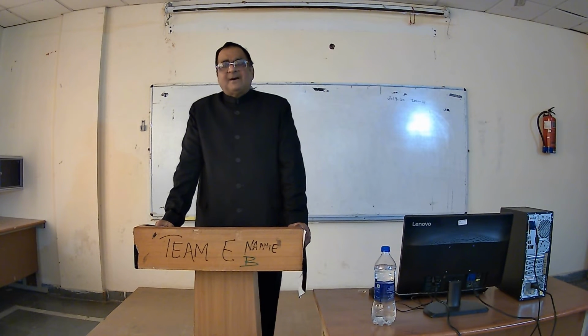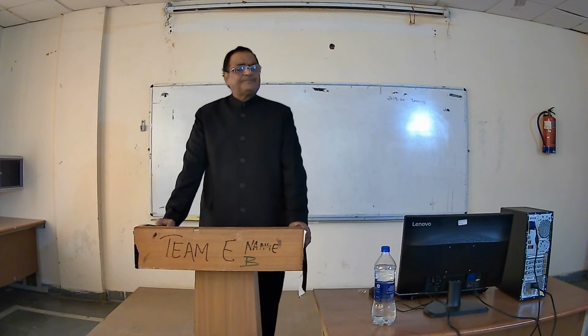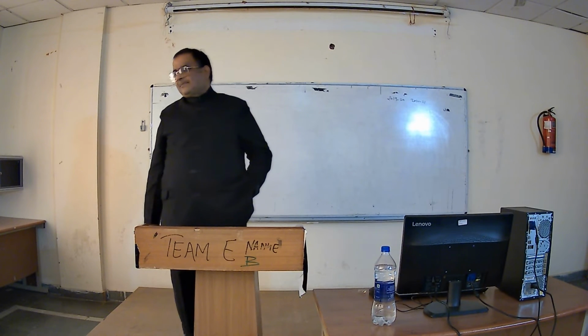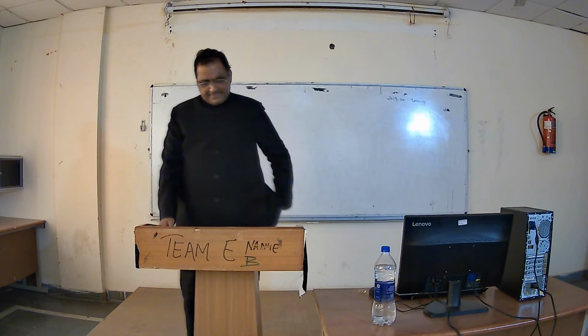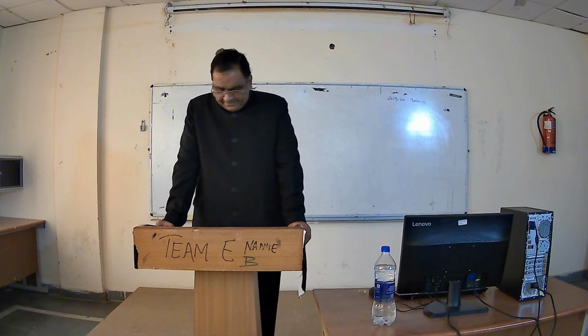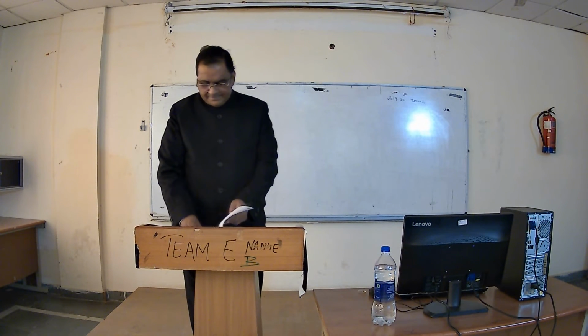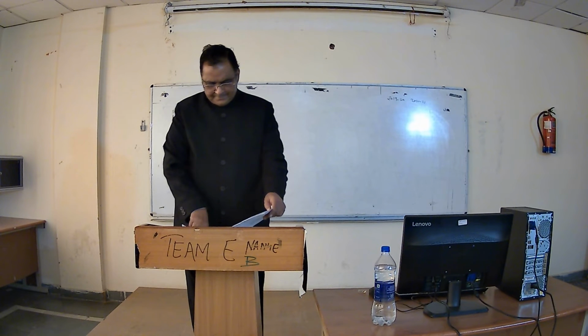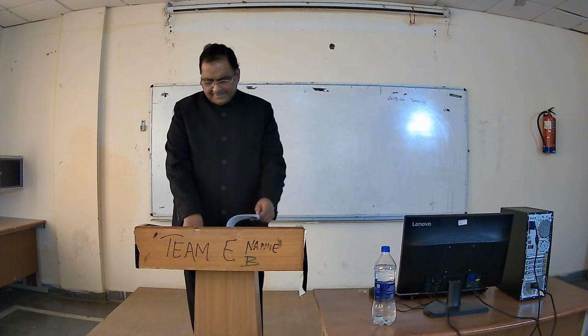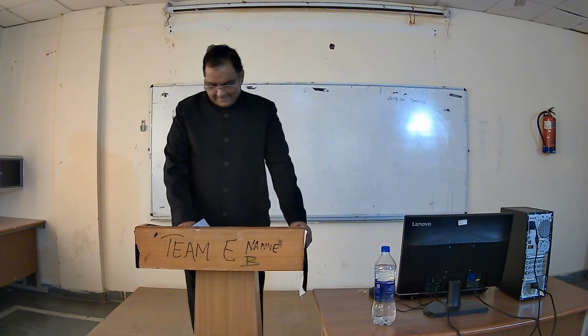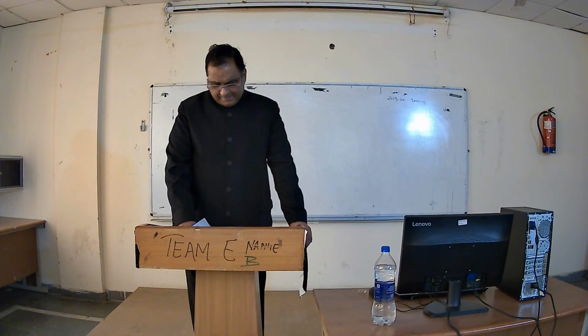Selling price or sales, this is given in the question. Selling price is given? Given. 20,000 in 1920. Per unit this is 200.00.